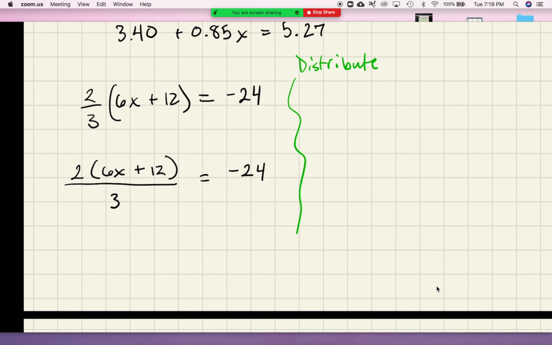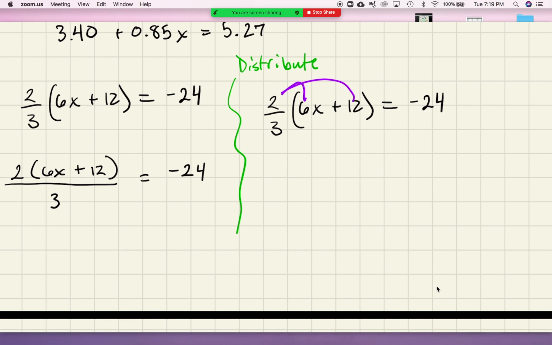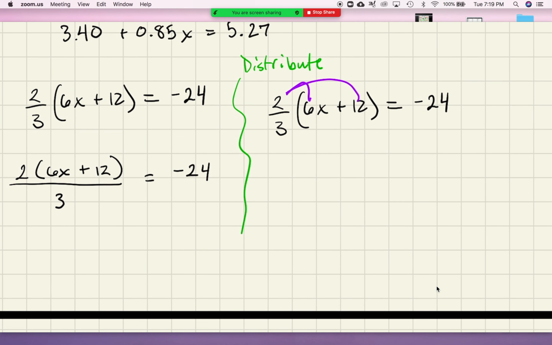So let me copy this. Here I could distribute, which just means multiply. And when I say multiply, I'm not actually saying multiply it out right now. I'm just saying write down this number, 2/3, next to this one, 6x.